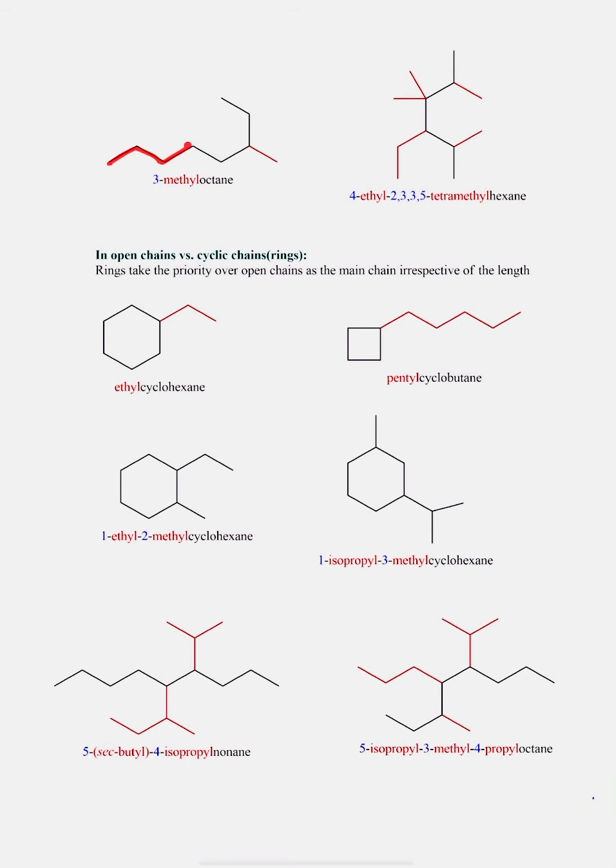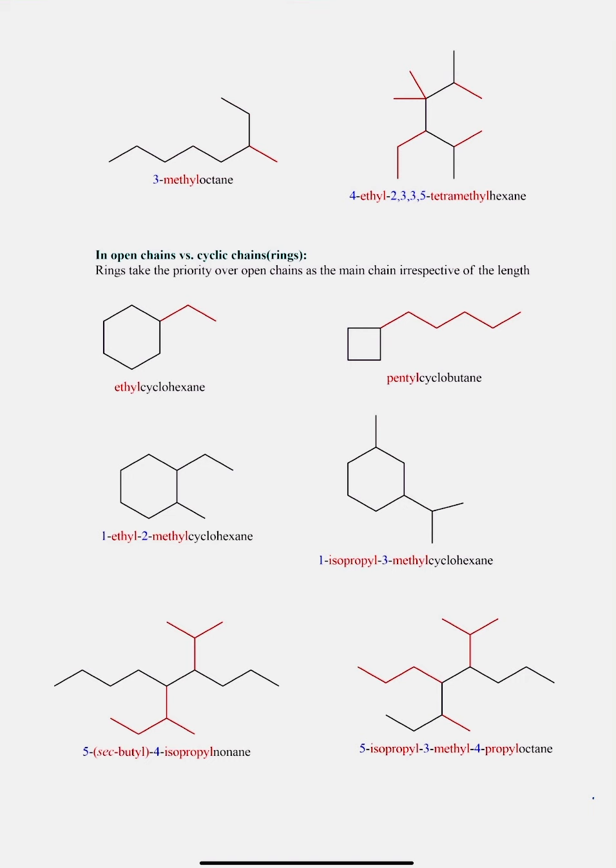Here we have a chain which is given in this horizontal orientation. That chain need not be the longest chain, because there is another path that gives you more number of carbons. Let me tell you what I'm talking about.